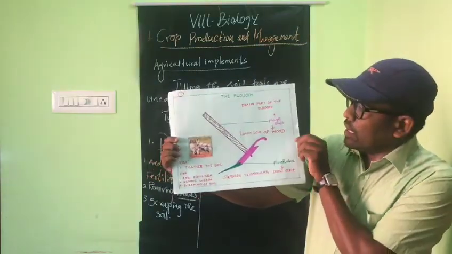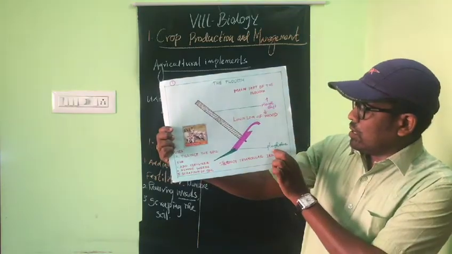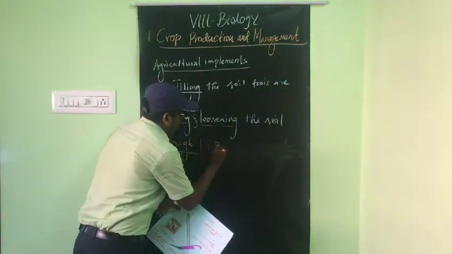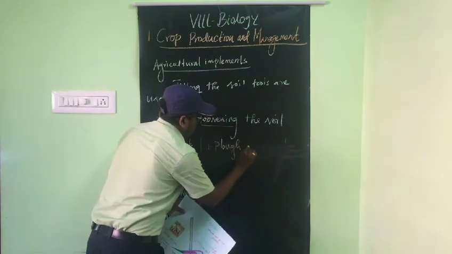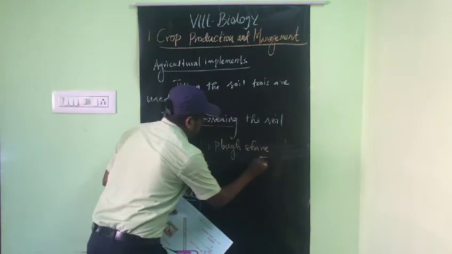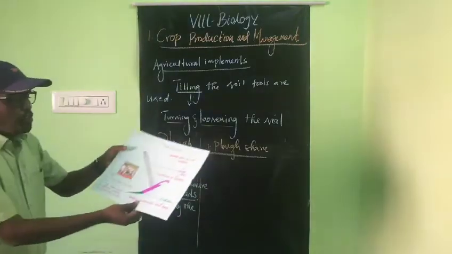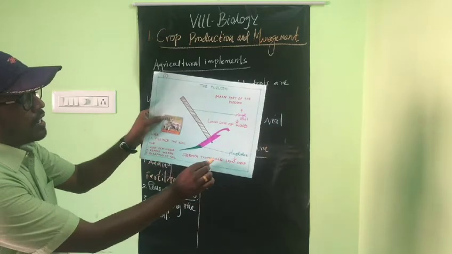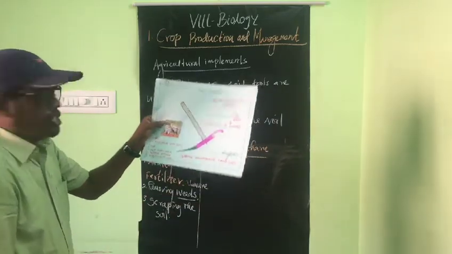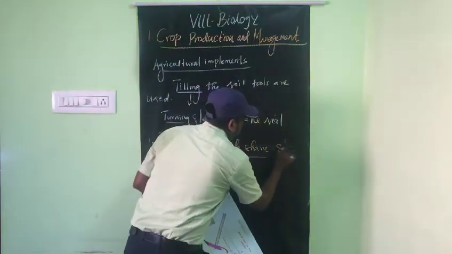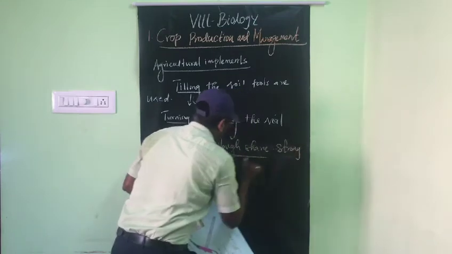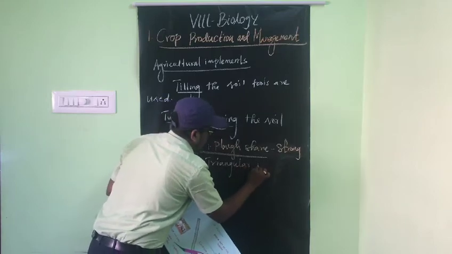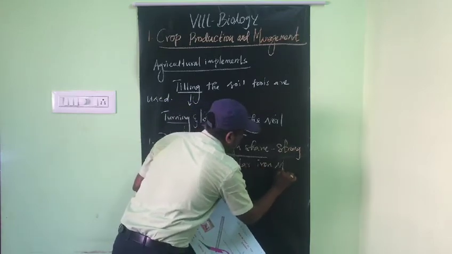The first part is the plough share. What is the plough share? The plough share is a strong, triangular iron strip.